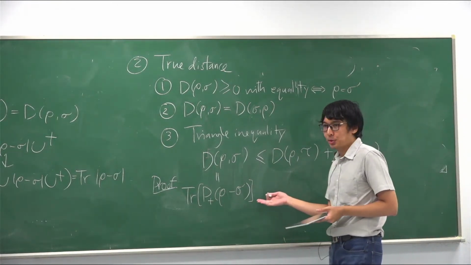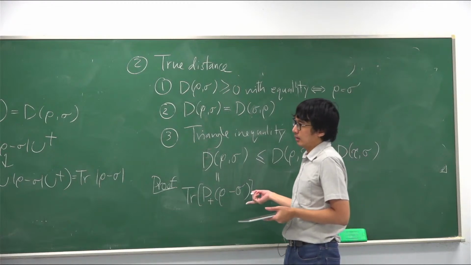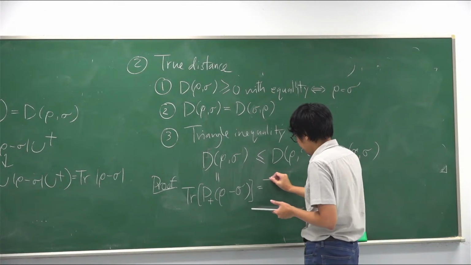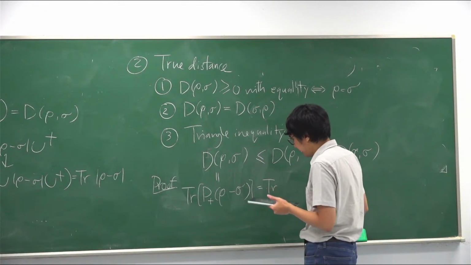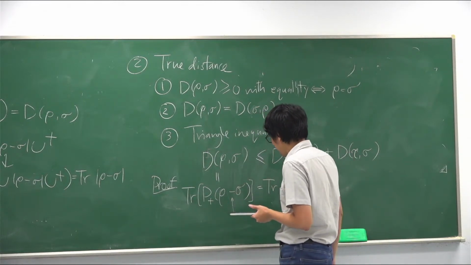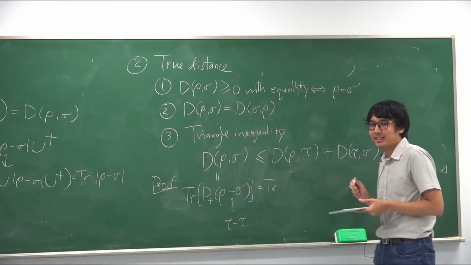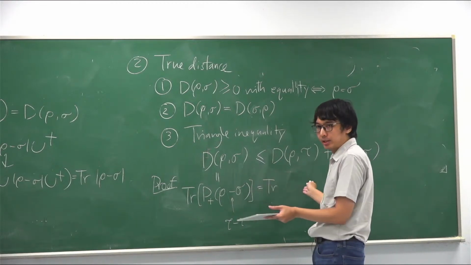But now I can use linearity of the trace. Basically, I can add plus tau and minus tau here, and then just split the trace into two.